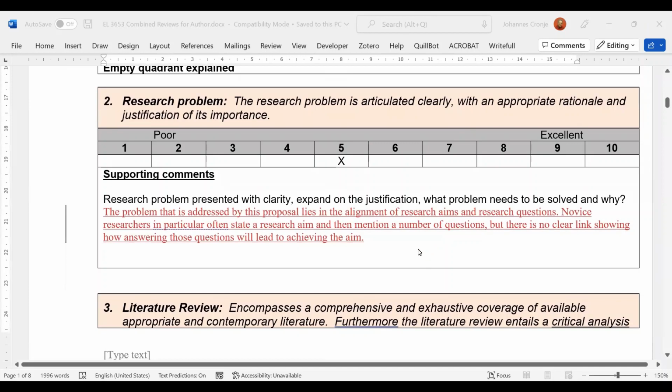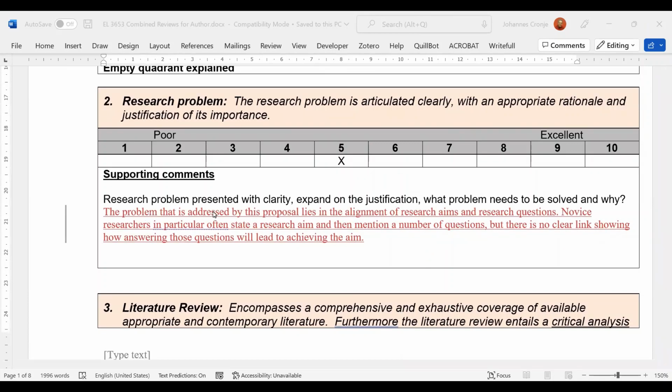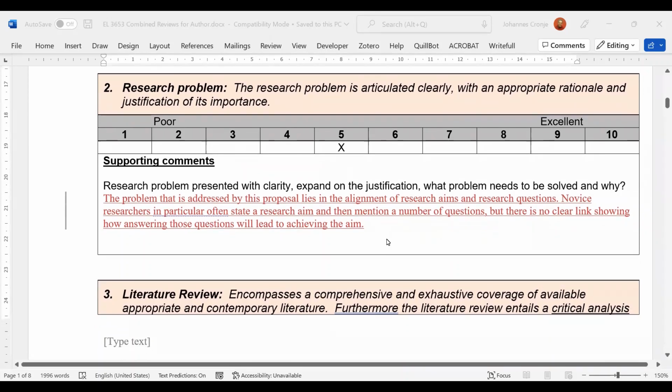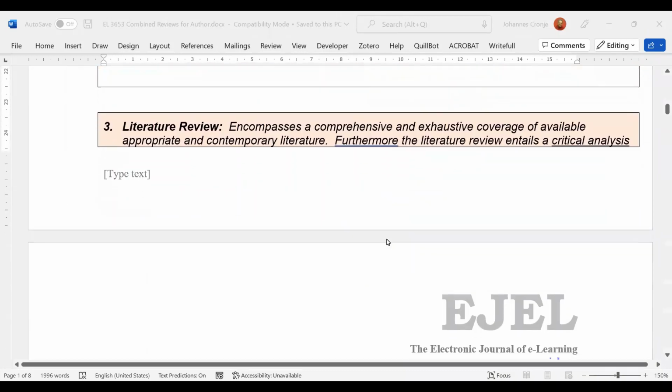Interestingly enough, reviewer 2 actually gives me this sentence and explains what it is that I did. So I borrowed that from reviewer 2 and put it into the article. I'm just putting it here so that I will be able to put that into my response table.